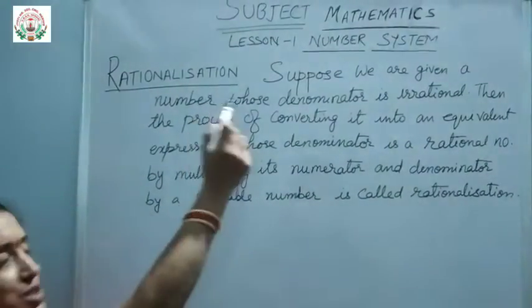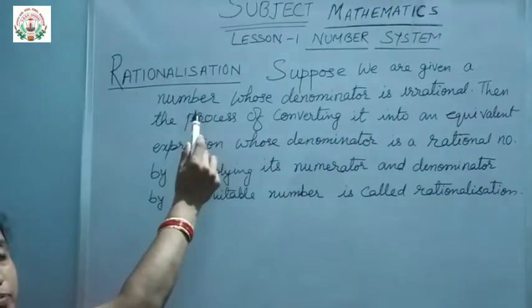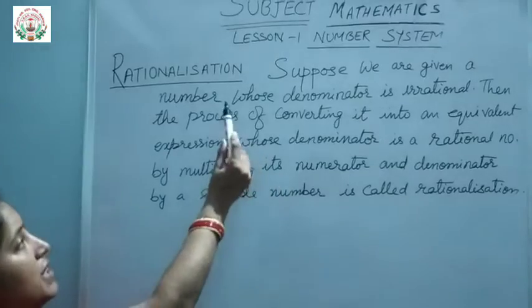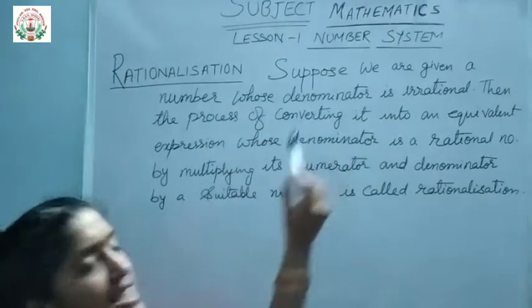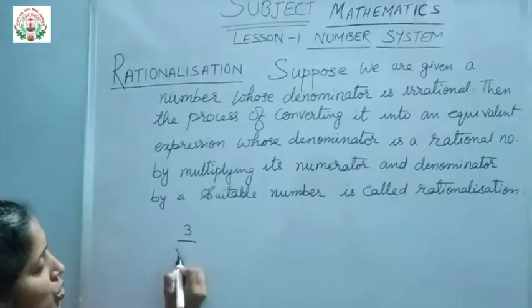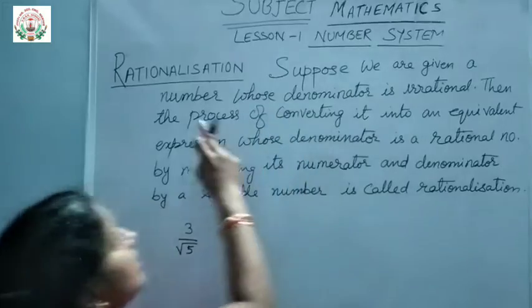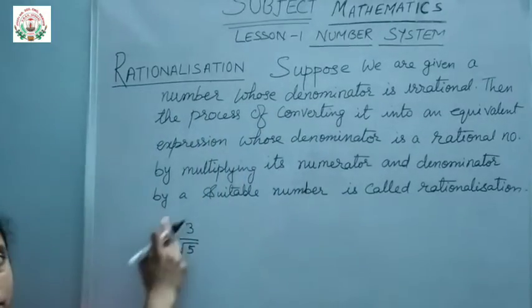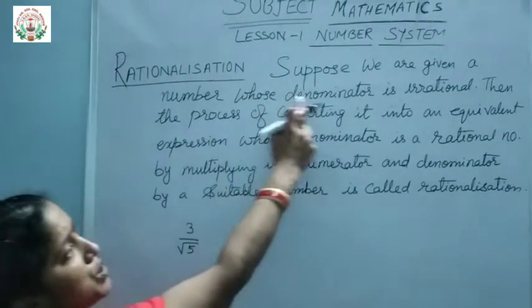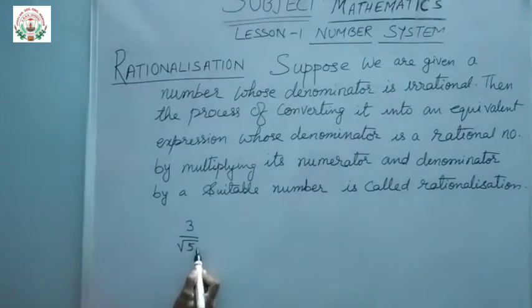For this definition, suppose we are given a number, any number it could be, whose denominator is irrational. Like for example, 3 upon root 5. So this is the number whose denominator is irrational.